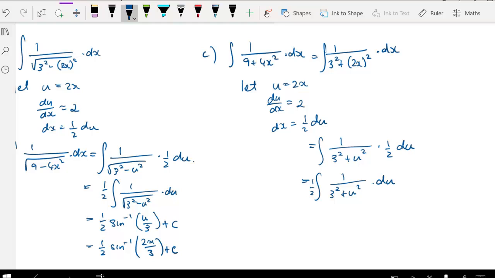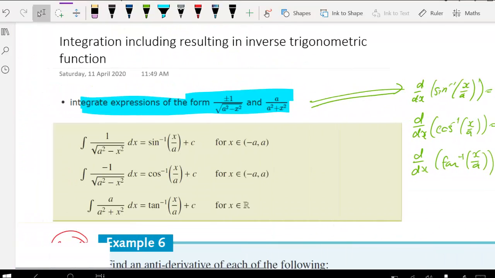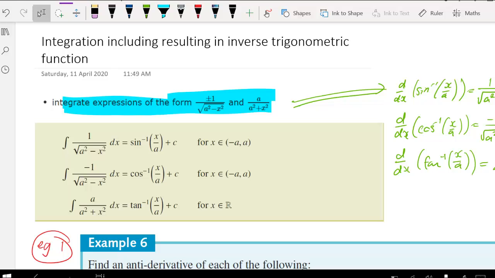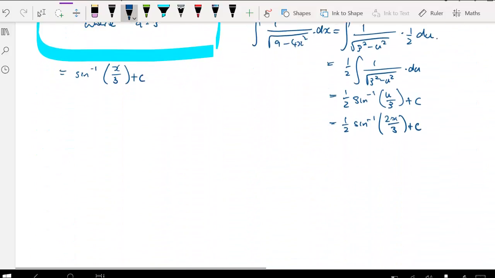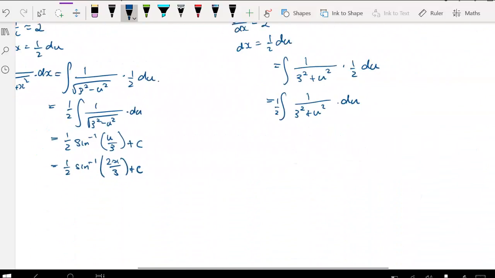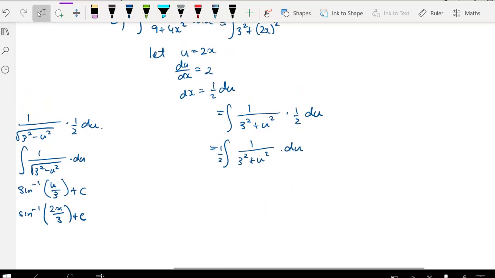Now we have a slight problem. This one best fits the arctan scenario. However, the arctan scenario says that it must be a over a squared plus x squared. So as we've determined that a must be 3, we'll need to multiply and then divide by that 3 in order to put it in that form. So this becomes 1 on 6, because we're dividing by 3.